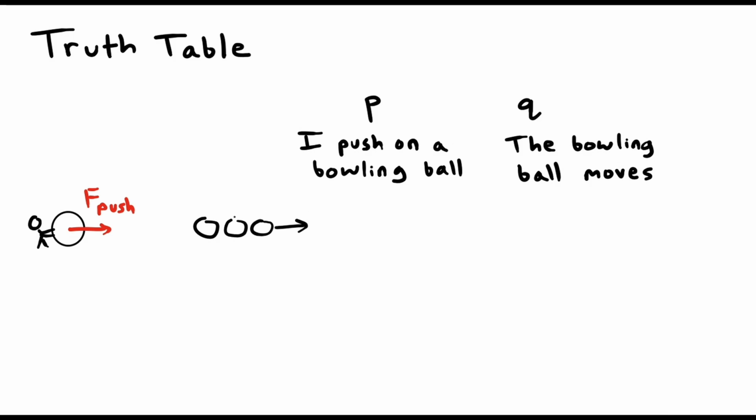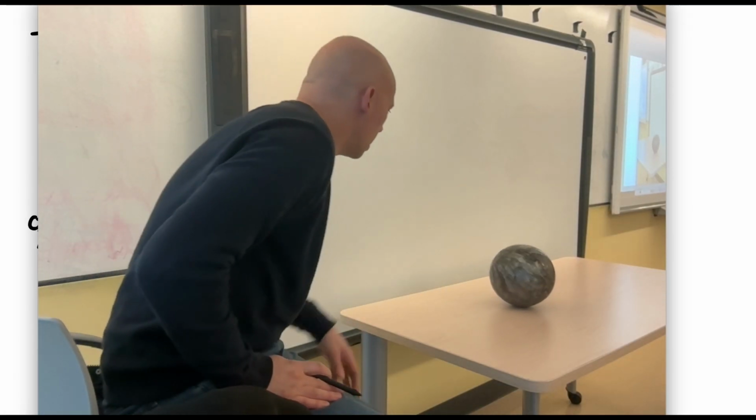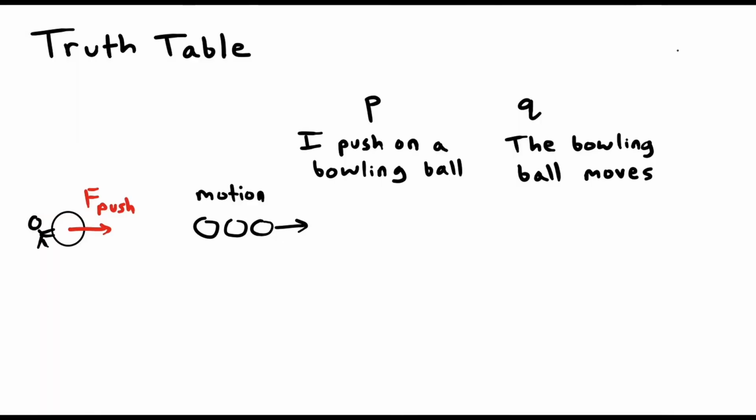So we have motion. I'm just going to do an example of that by actually pushing on the ball to show you what I mean. So we had a push and we had motion. In that situation, P was true and Q was also true.